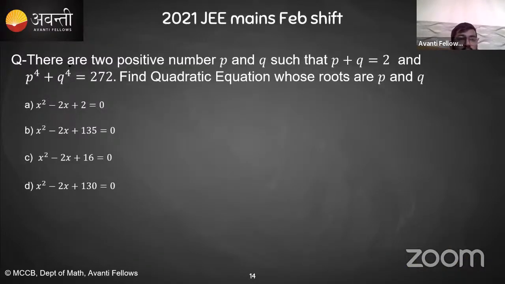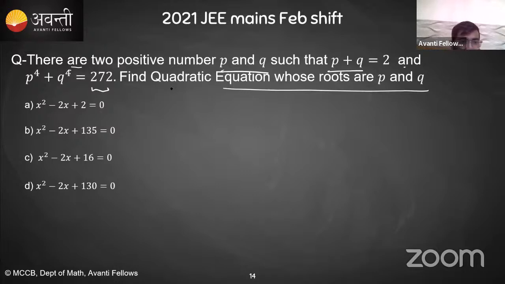Now there are two positive numbers p and q such that p plus q is 2 and p power 4 plus q power 4 is given as 272. Find the quadratic equation whose roots are p and q. Okay, so let's try to solve this question.